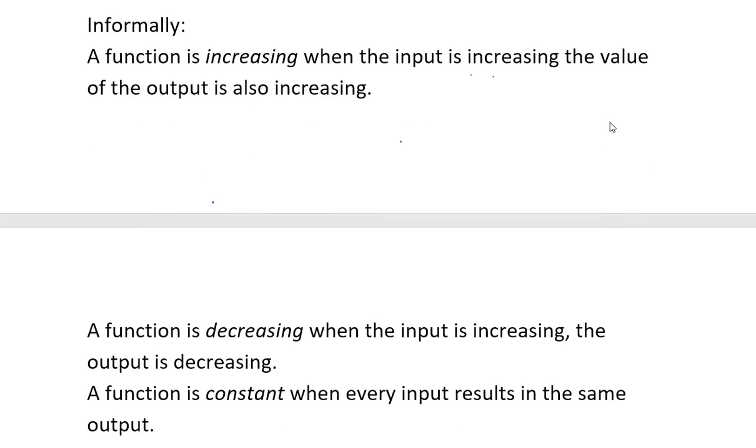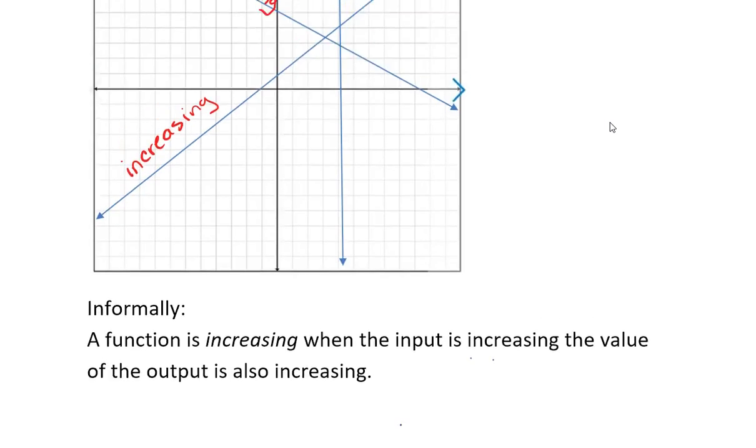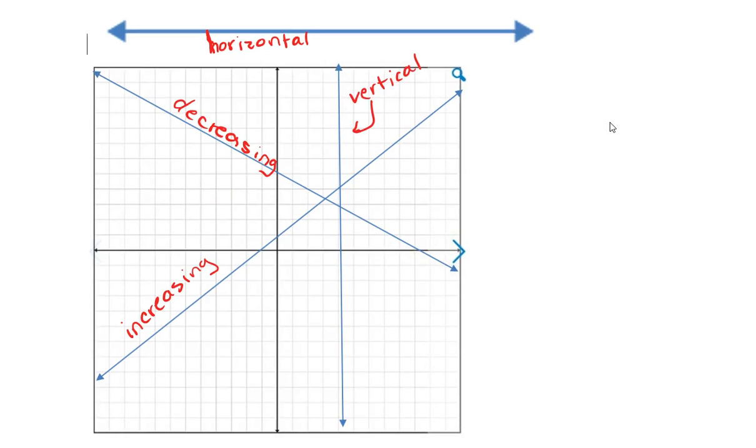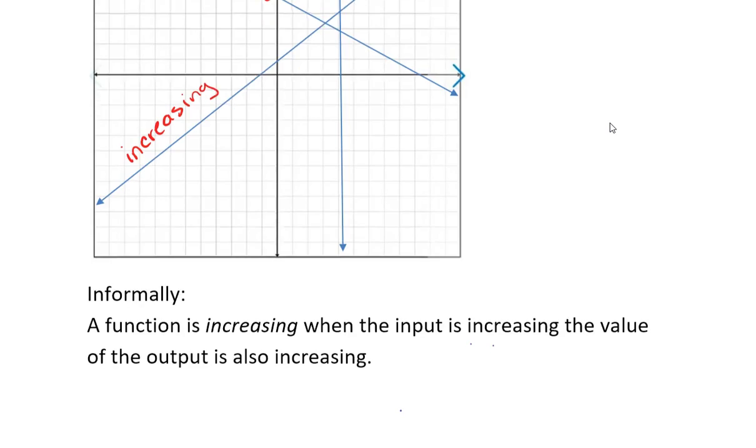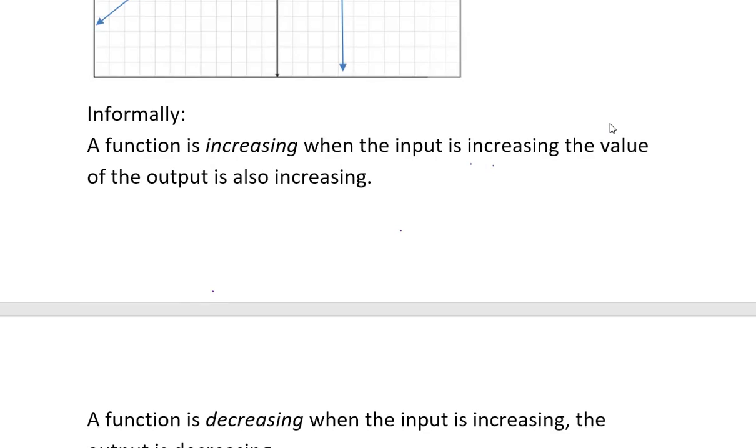For decreasing, when the input is increasing, our x value is increasing, the output is going to be decreasing. If you take a look, that's exactly what happens as we're going from left to right here. This y value gets smaller and smaller, or lower and lower, right? And then our horizontal, it stays the same regardless, right?